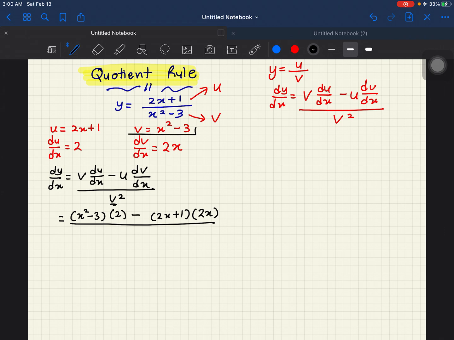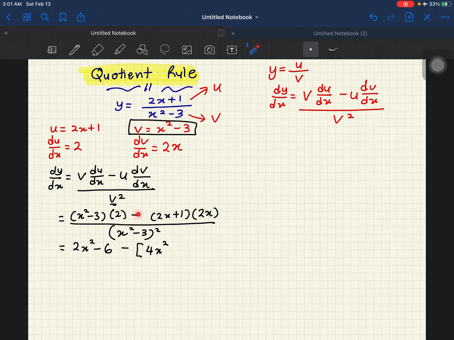What is my v? My v is x squared minus 3, and because it requires squaring, I have to put the square. So, can we simplify this? Definitely. So, I got 2x squared minus 6 minus 4x squared. I have to put a bigger bracket.